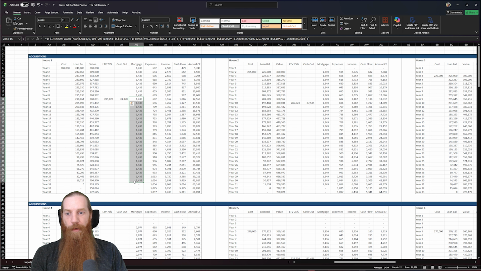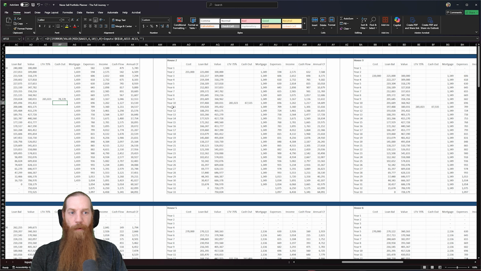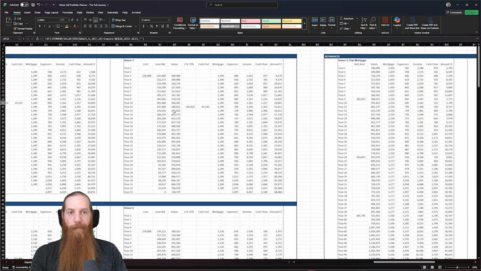This is just to show you, if you're curious, if I don't refi and I keep this loan all the way to term, what's my cash flow going to look like in year 28, for example? And so you can see here, you go from under $500 a month cash flow to over $3,000 a month cash flow if you just keep this 30-year mortgage for the full 30-year term, right? You can see exactly what your cash flow is. So that's why I left it like this. The refinance tables are going to be further over here.